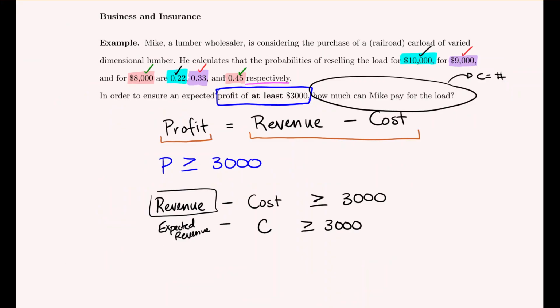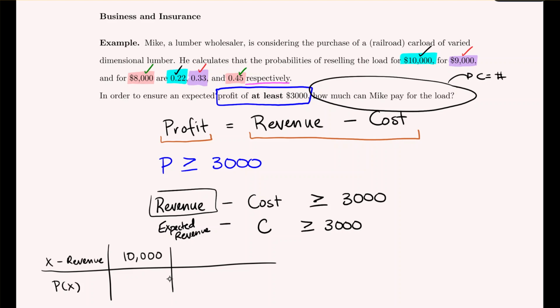So in order to find the expected revenue, we know we need our table that relates for the different items, their corresponding probability. So if X is our revenue, and this is our probability of X, we know for a revenue of $10,000, the corresponding probability is 0.22. We were told that at the beginning.